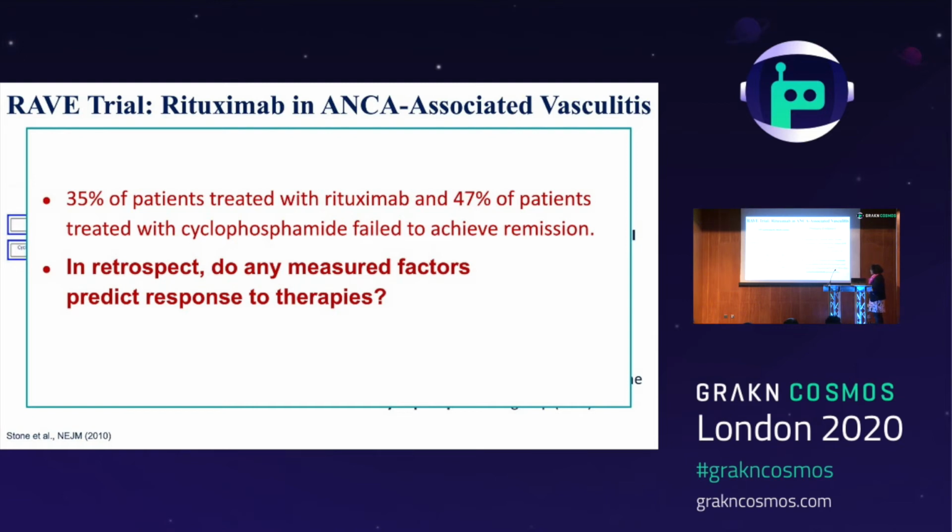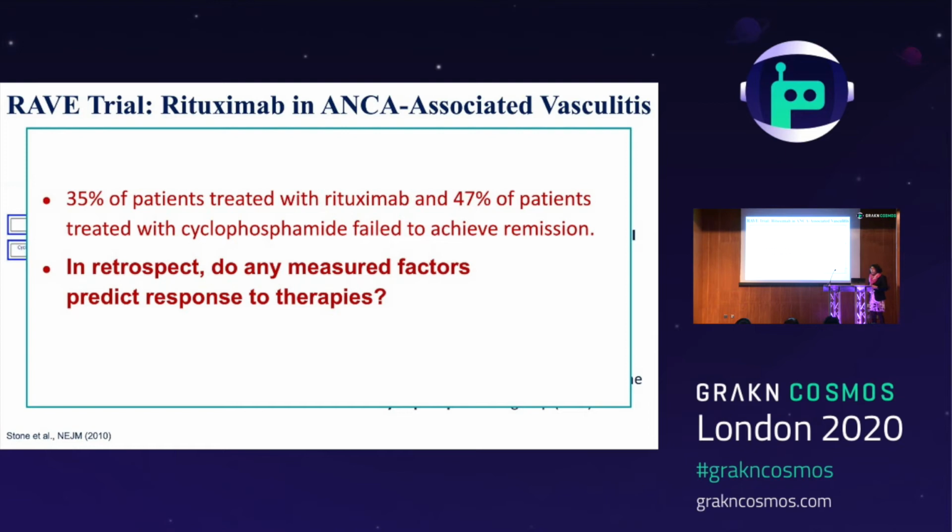This paper was published in the New England Journal of Medicine, where they reported that 63 of the 99 patients in the rituximab arm reached the primary endpoint, and 52 of 98, about 53%, in the cyclophosphamide group. So there were two treatment groups, the cyclophosphamide group and the rituximab group, and this percentage is about complete remission.